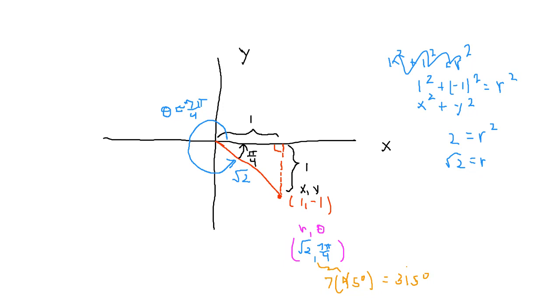Another possible polar coordinate would be root 2 and negative pi over 4. Negative pi over 4 is negative 45 degrees. So that's what they're talking about in example 3.